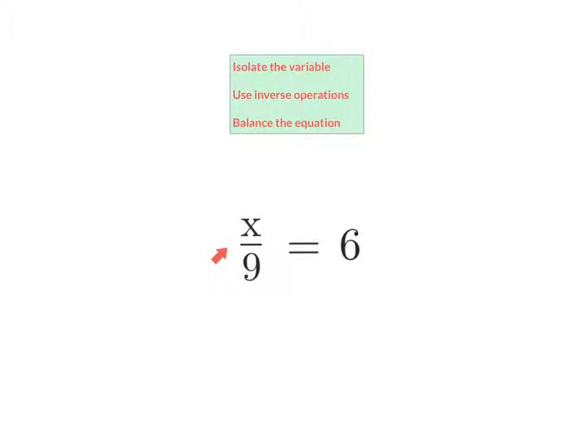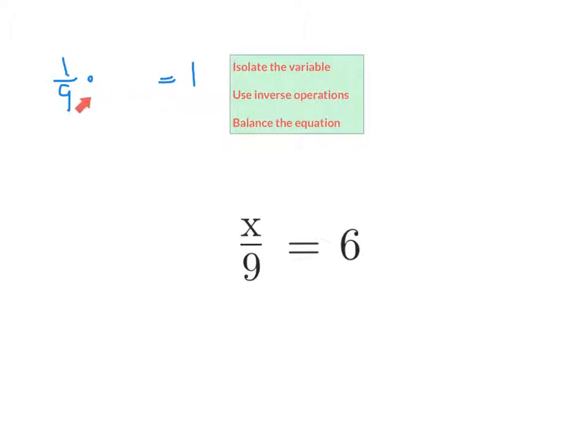And we're just going to think about how to get rid of a 9 that is in the denominator. So I'm going to rethink that problem as the fraction 1/9. And the goal is going to be for me to get a 1.